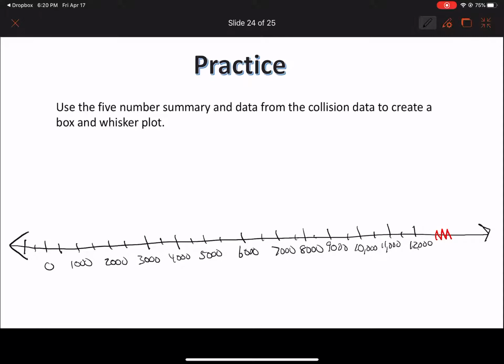And then out here, I'm just going to put my little outlier number out here. We're going to just pretend that the number line goes all the way. This is a break in it.